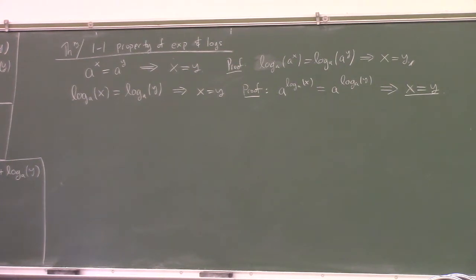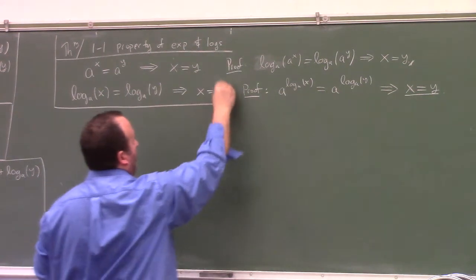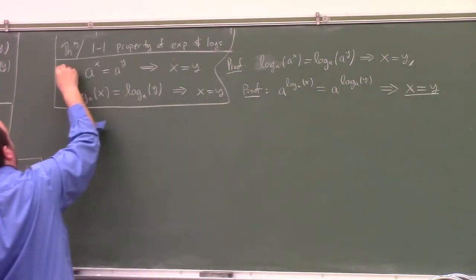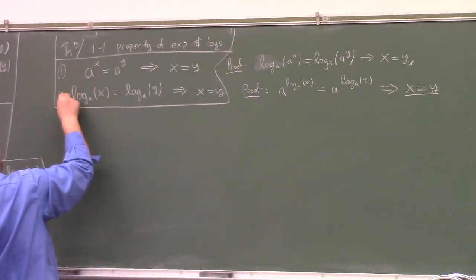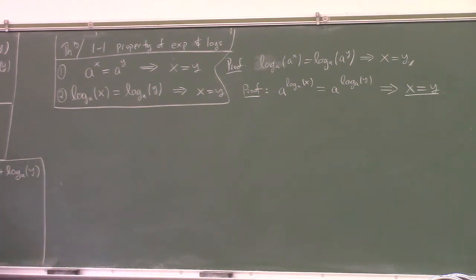Now, there is some fine print that I'm currently suppressing in this theorem. Let me call this one number 1 and this one number 2. What's the fine print for number 1? Are there any conditions that we must place on x and y for this implication to be reasonable? The answer is no. The domain of the exponential function is all reals.